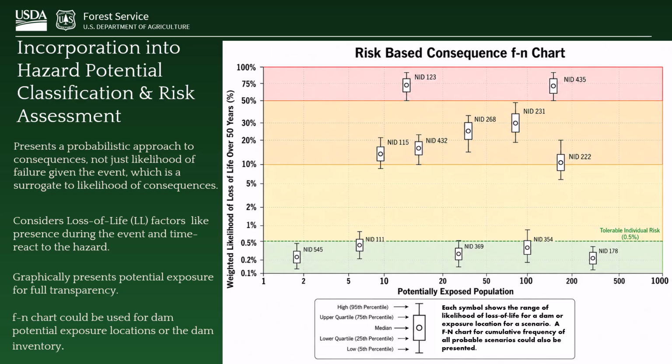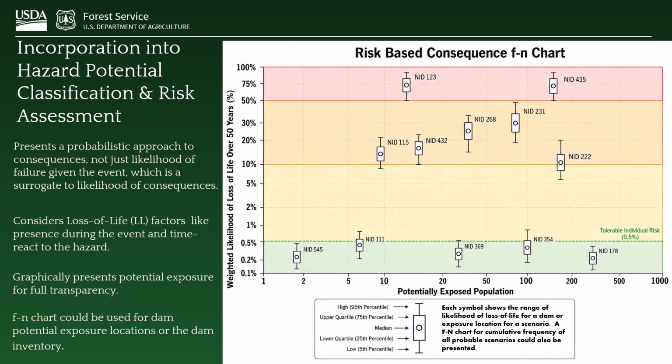These ranges can be displayed using box and whisker symbols for each dam showing upper and lower bounds, quartiles, percentiles, and weighted averages. Each symbol shows the range of likelihood of loss of life for a dam or exposure location for a single scenario or a cumulative estimate for all probable scenarios.